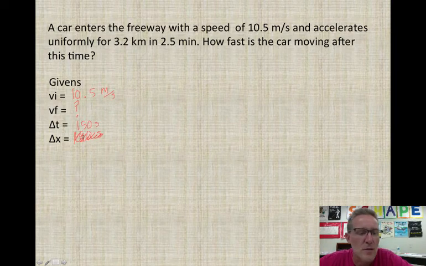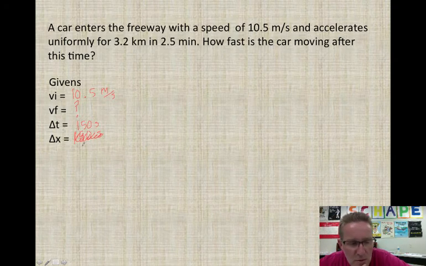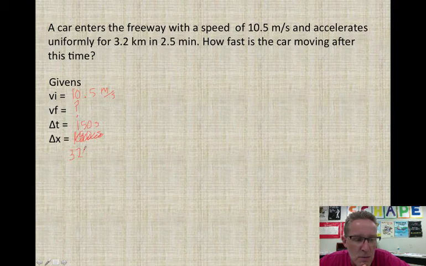And then the change in x, or the displacement, is 3.2 kilometers. So there's 1,000 meters in each kilometer, so that's going to be 3,200 meters. And so now we've identified our givens.